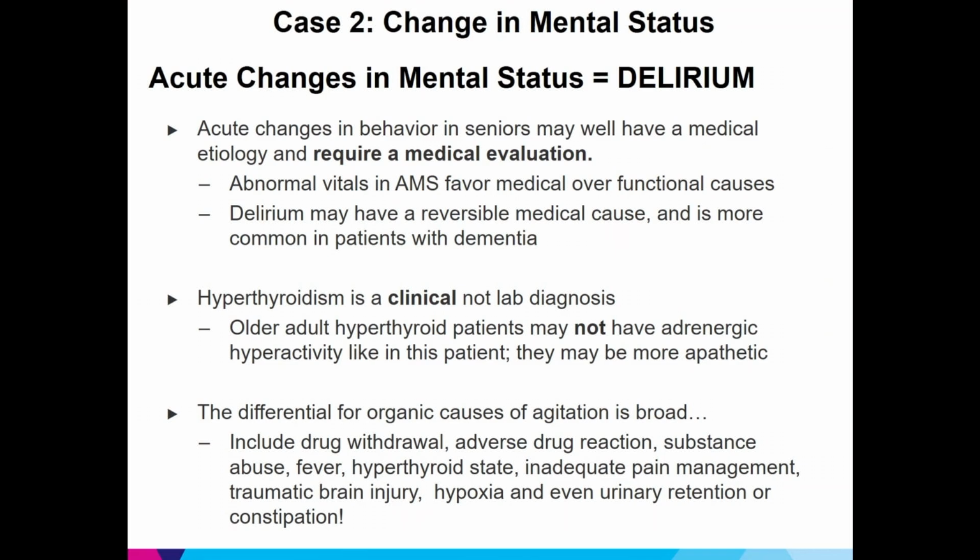An older adult with hyperthyroid may not have the adrenergic hyperactivity and may actually have more of a blunted response. The differential for organic causes of agitation is extremely broad. You have to consider drug withdrawal, adverse drug reactions, substance abuse, inadequate pain control, hypoxia, and for our older adults, even something like urinary retention or constipation.